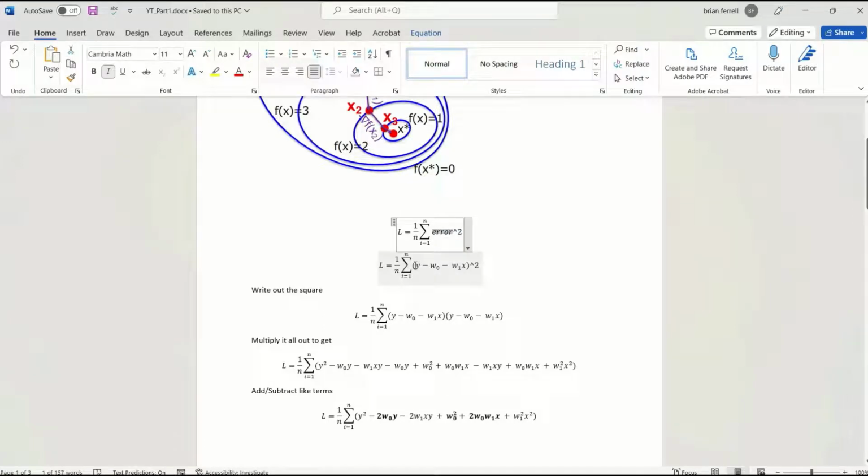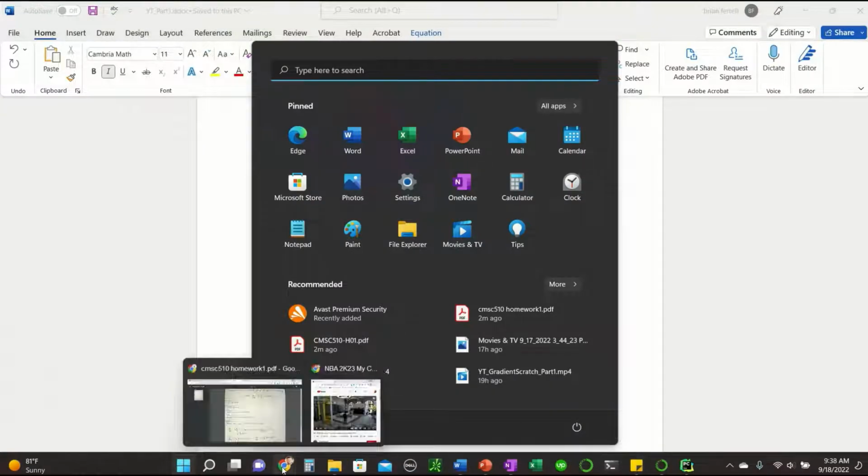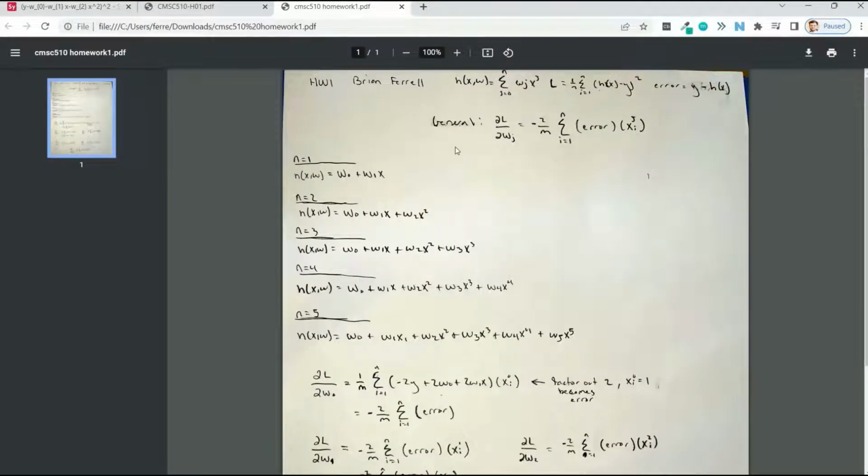So our error looks like this, and if it's confusing where this comes from, we have our actual y minus our h of x function, which is our y estimate.